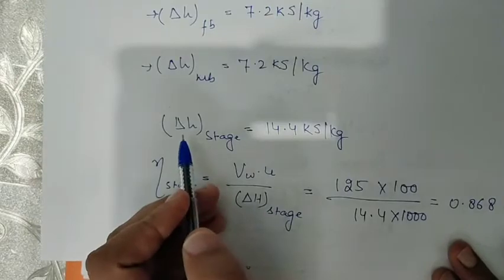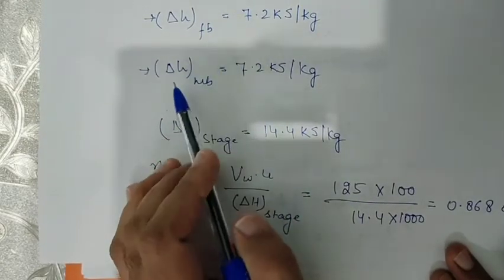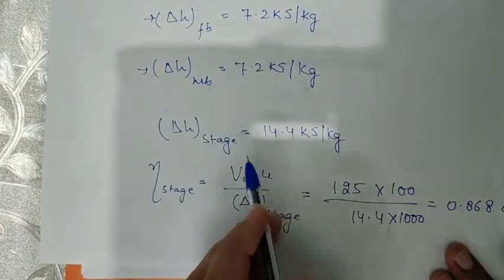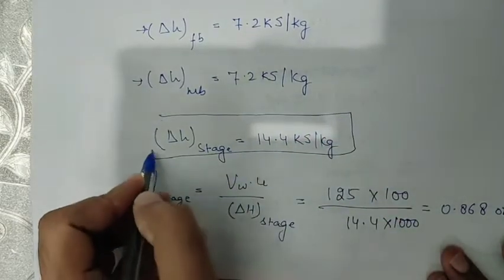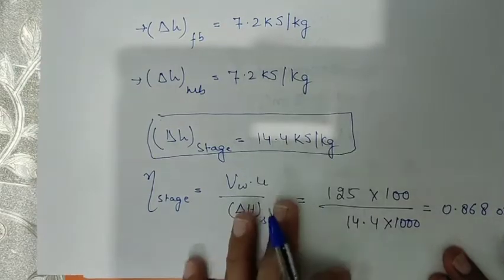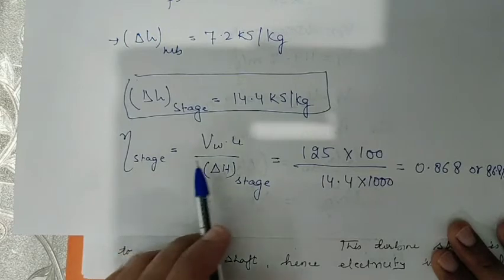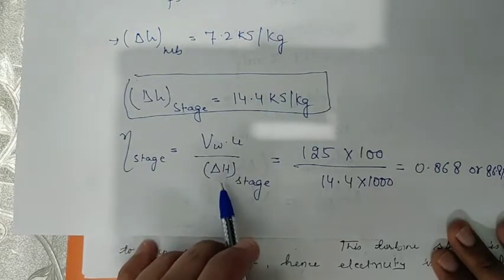So therefore the enthalpy drop in stage is the summation of delta H FB plus delta H MB. FB is fixed blade, MB is moving blade. So the enthalpy change in the stage, the summation of these two, we will get 14.4 kilojoule per kg. Now we have to calculate stage efficiency, and the formula of the stage efficiency is VW into U divided by enthalpy drop in stage.